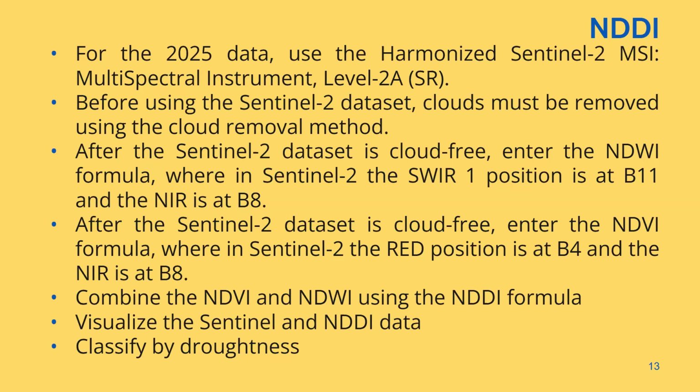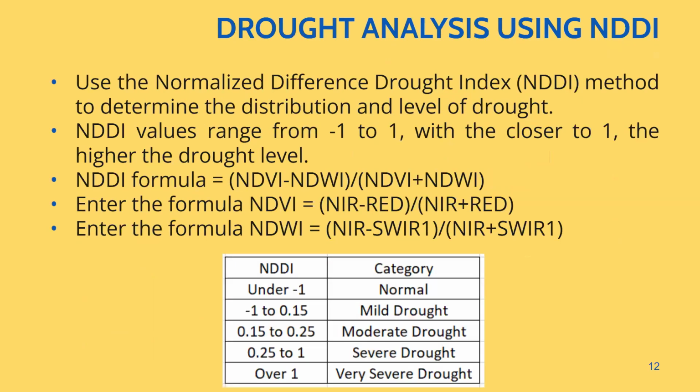And then after that, we can use it for the analysis based on the following formula. After we have the NDDI data, we can classify it using the classification of categories based on the value of the NDDI.